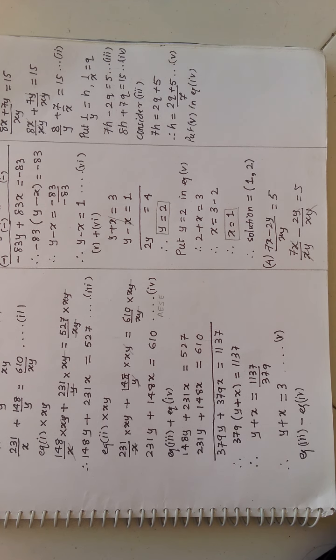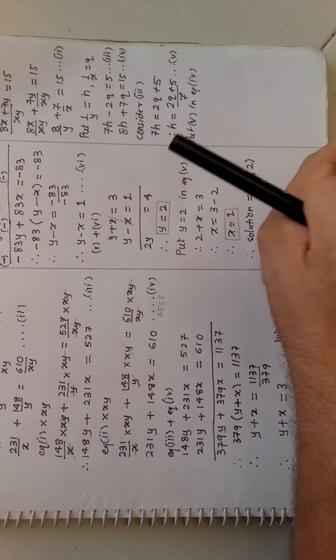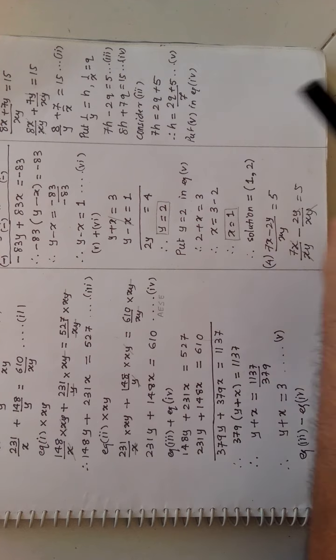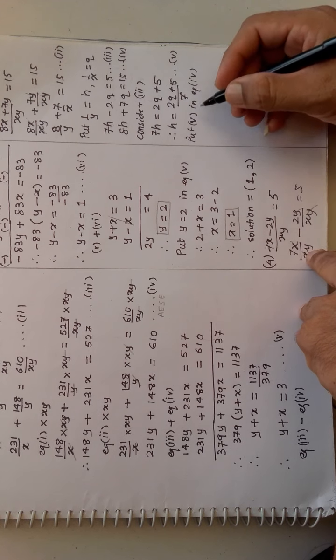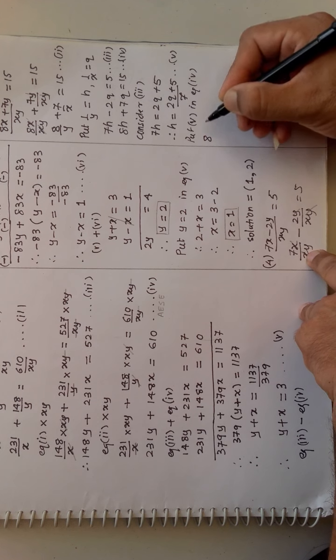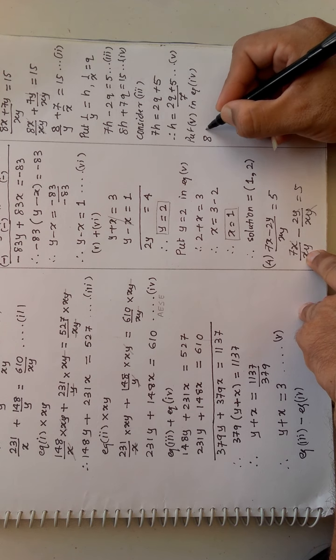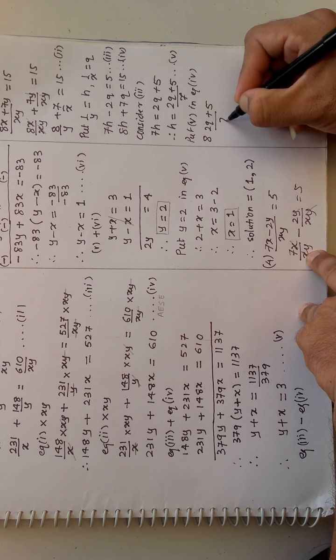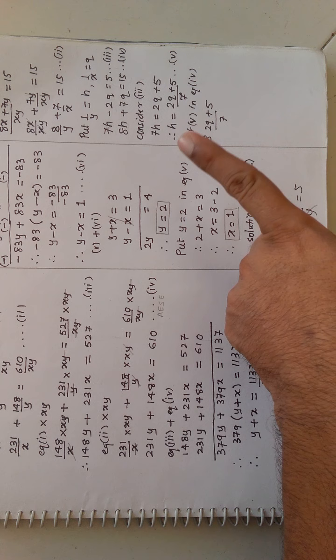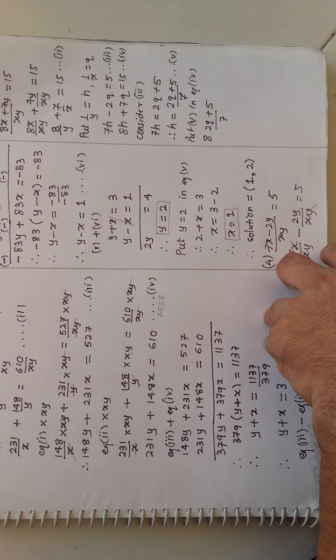See, it will seem to be a little tedious. But instead of multiplying this, multiplying that, then adding, then subtracting, this becomes a little shorter. So here when you put this, you get here 8 and the value of h is now 2q plus 5 upon 7. Remember, there is multiplication, it is 8h.